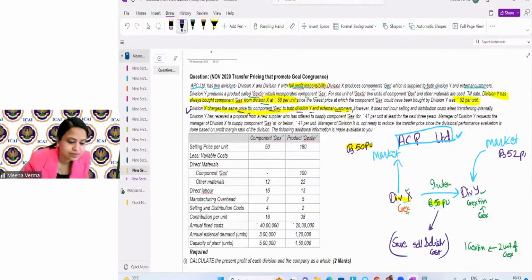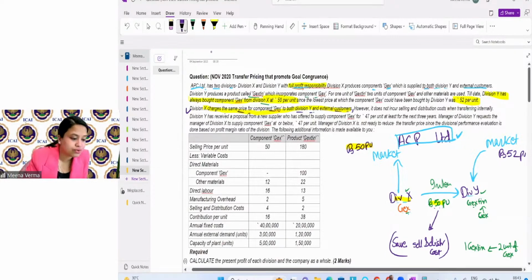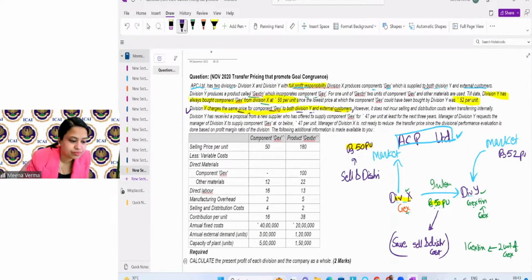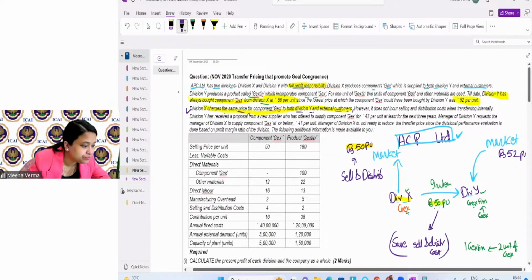Obviously, when you want to sell in the market, you incur selling and distribution cost, because to sell outside you have to do marketing and advertisement. When you're transferring inside to an internal department, there is no need of marketing or advertisement. So when you are transferring the goods internally, you are saving the advertisement cost. This is given in the question. Okay. All right.